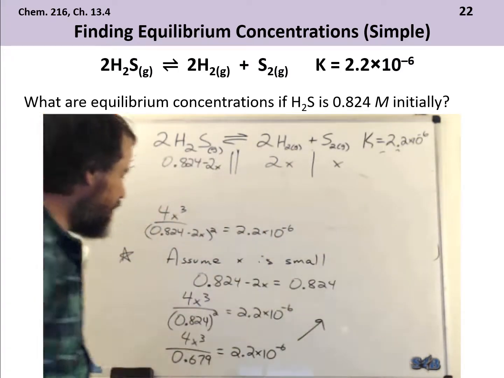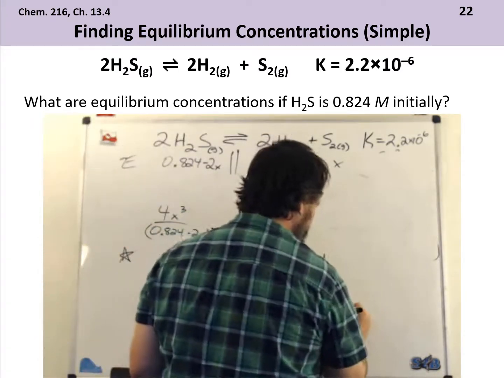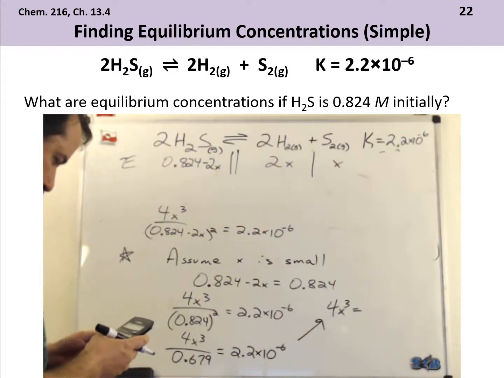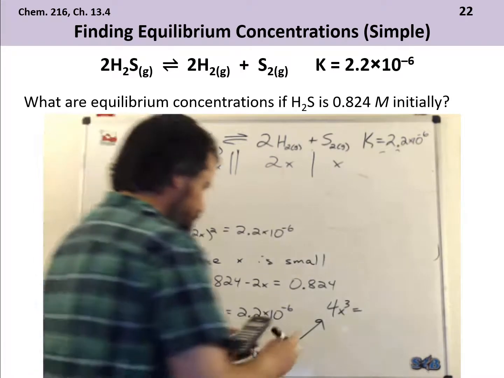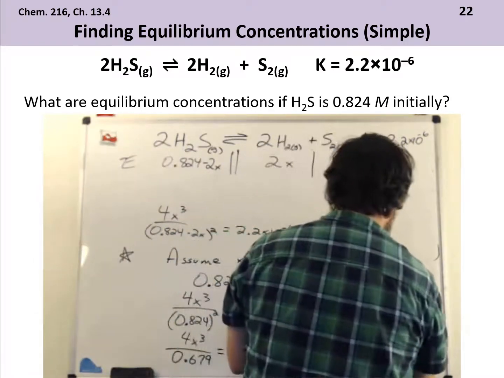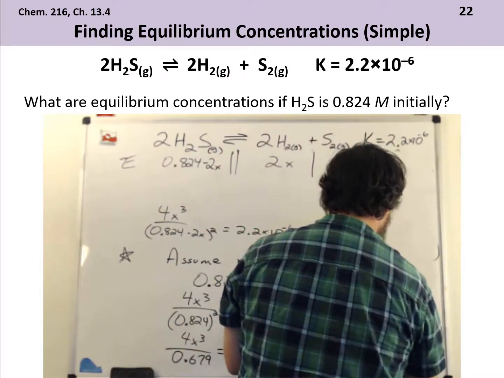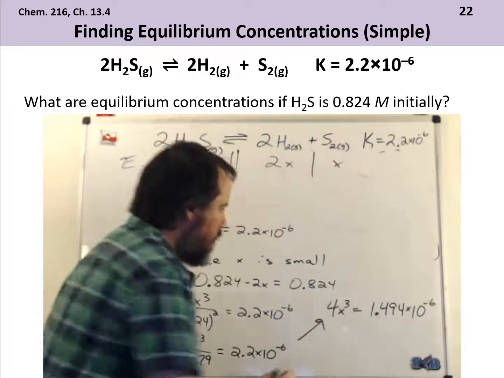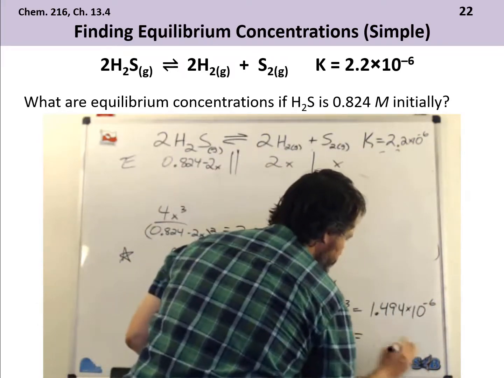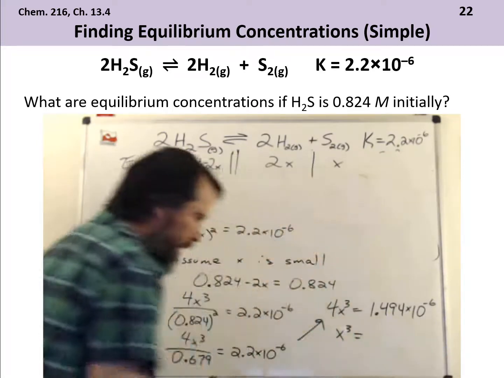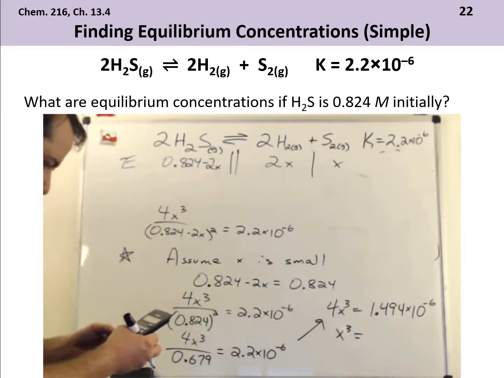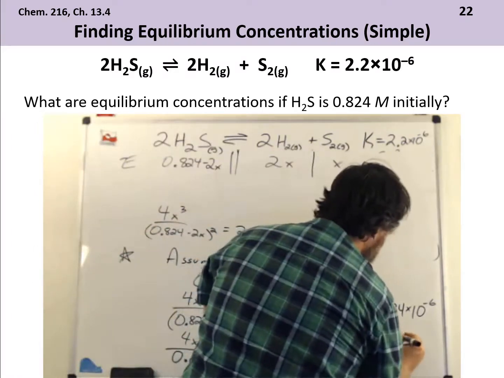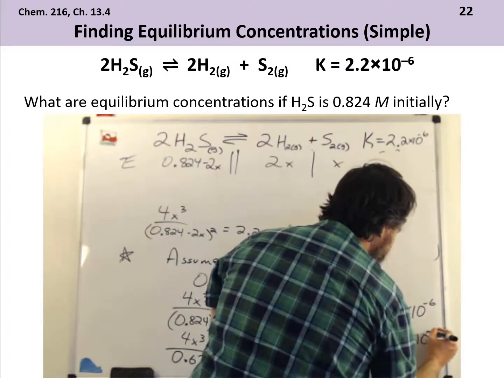I can rearrange this, get 4x cubed equals that, or x cubed equals, I told you to clear up some space, so I'm going to do it too, 3.73 times 10 to the minus 7.